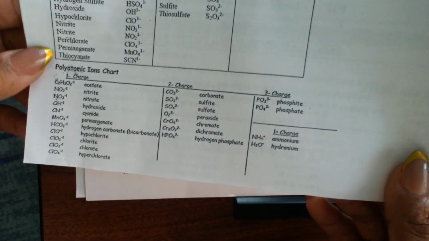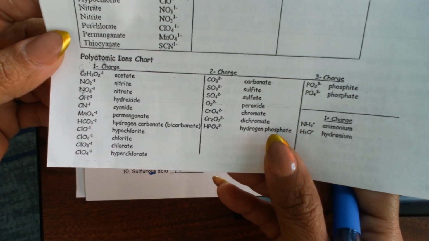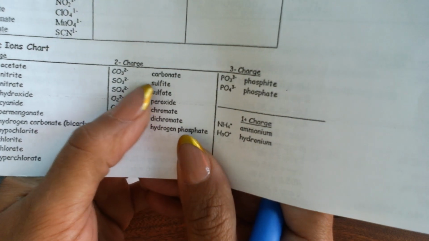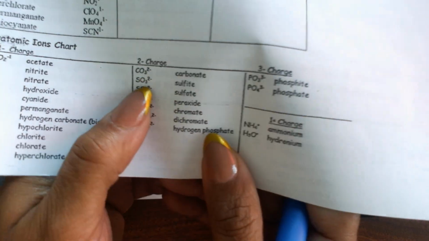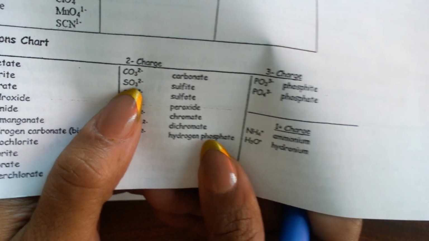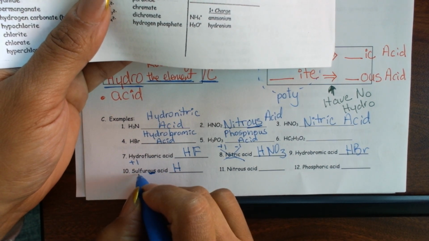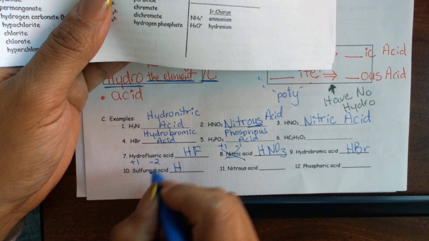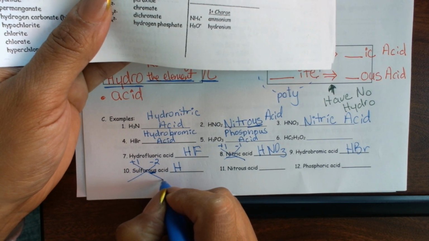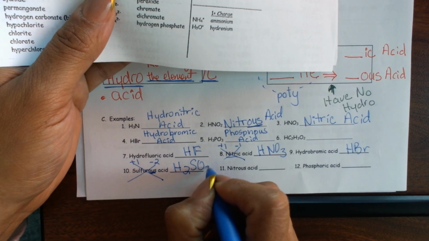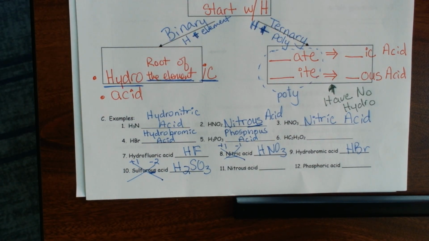So, what polyatomic is it with an ITE? There it is, sulfite, which is SO3 -2 charge. So hydrogen is a +1, sulfite is a -2. When I crisscross those, it actually becomes H2SO3.